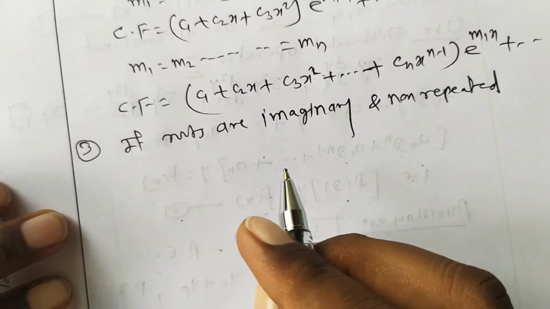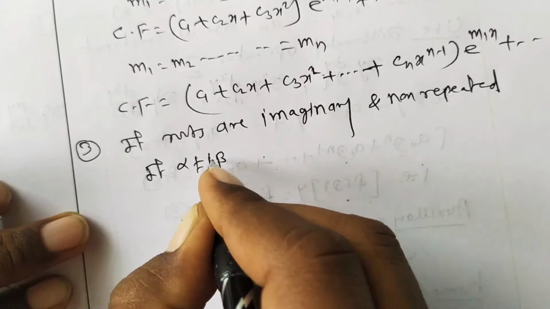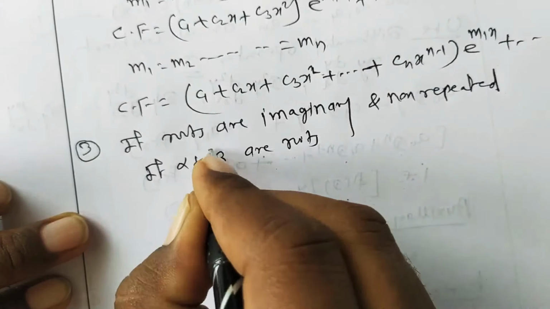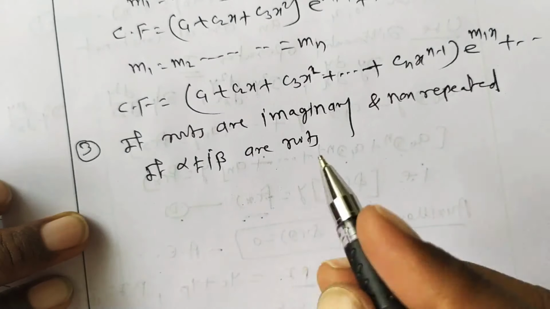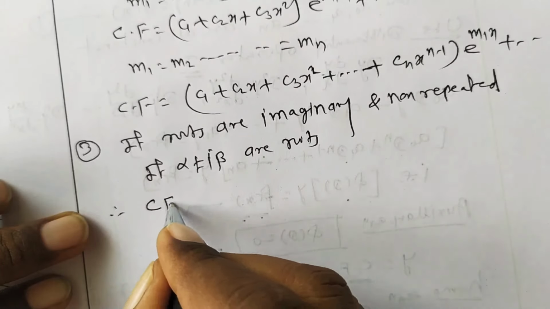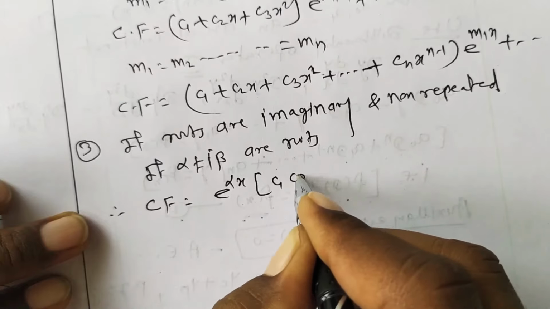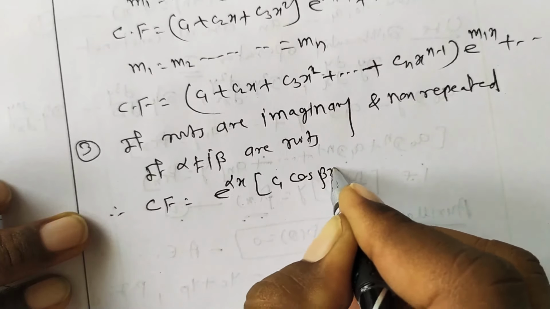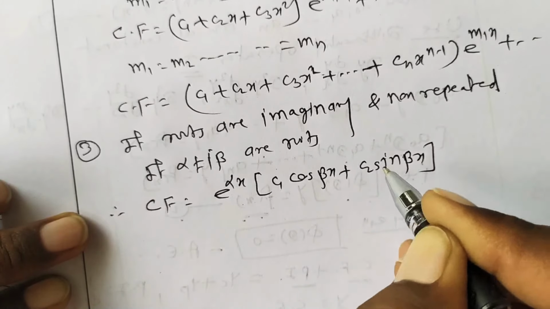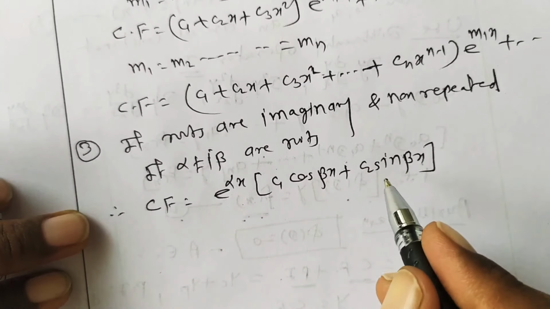Suppose alpha plus minus i beta are the roots of the auxiliary equation phi of D equal to 0. Then we can write CF is equal to e to the power alpha x into (c1 cos beta x plus c2 sin beta x).